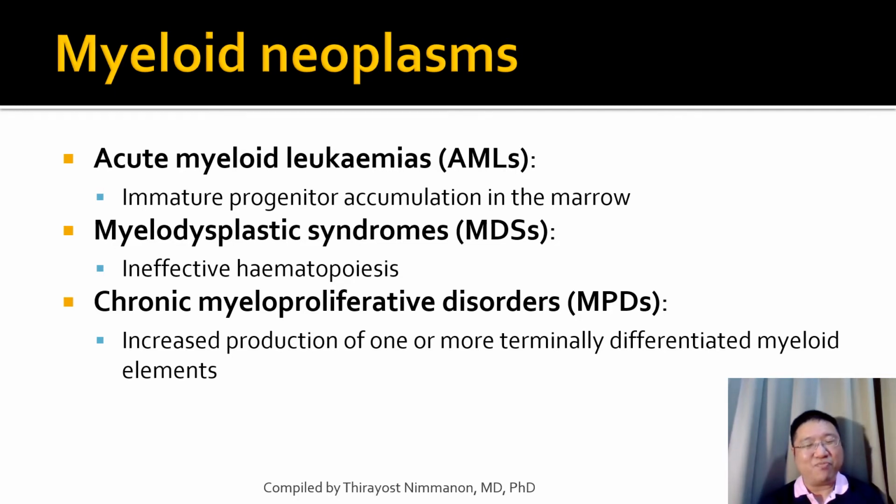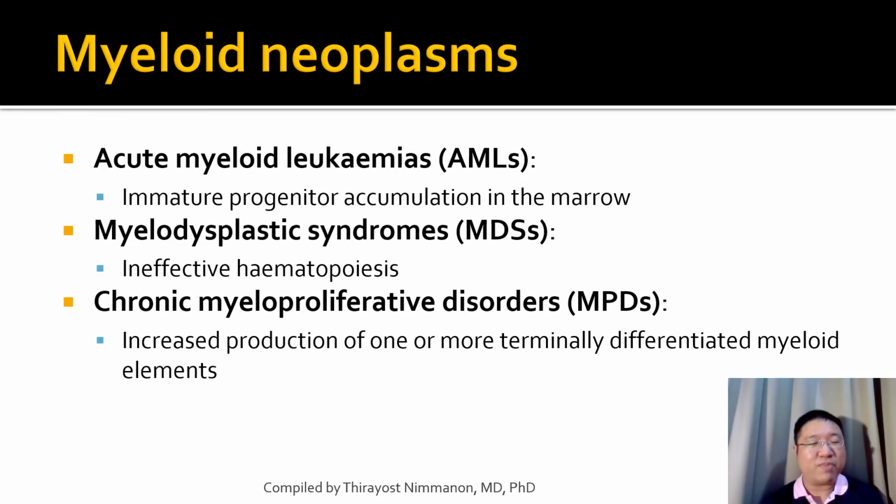So I mentioned this already, but I would like to talk about it again because it is important for you to understand the big picture of the myeloid neoplasms. For acute leukemia, the main pathogenesis is the maturation arrest. So there is accumulation of immature cells within the bone marrow.